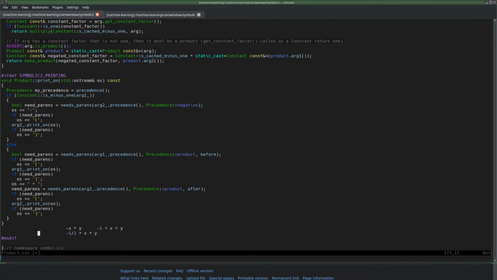Negation being that we have to do with a negative constant, which means that, well, it could be minus 1, but in that case, negation is literally like minus 1. So I put a minus here, and then I never want to print parentheses if argument 2 is a product.